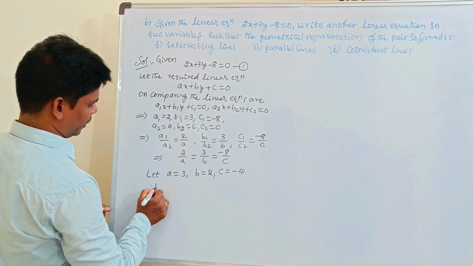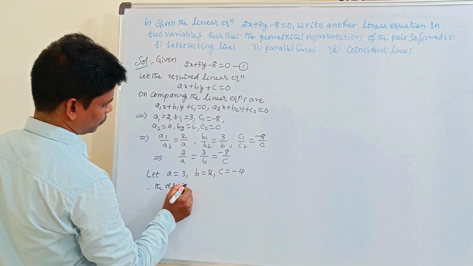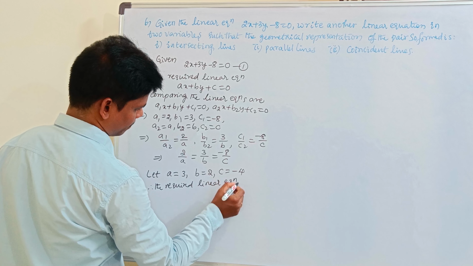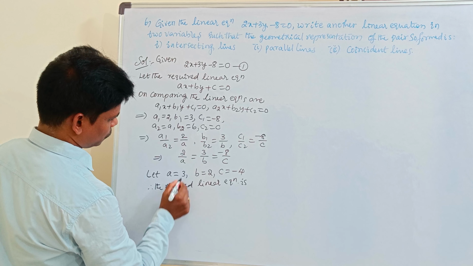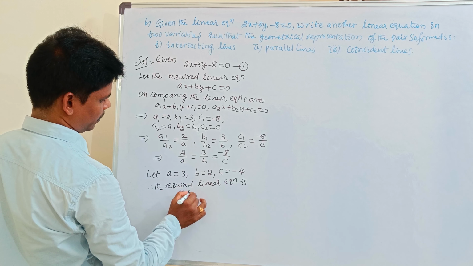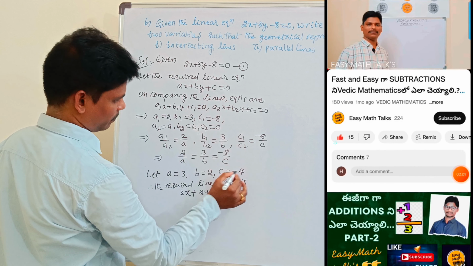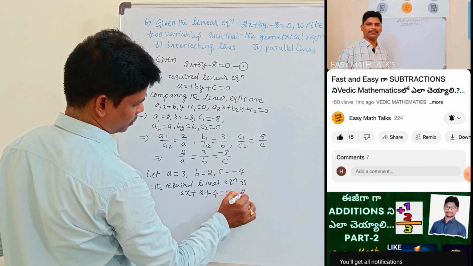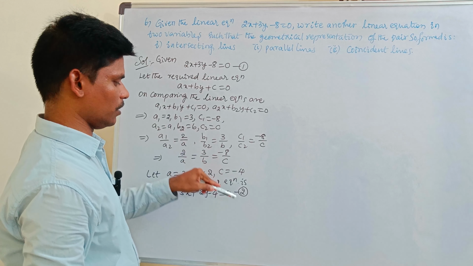Therefore the required linear equation is 3x plus 2y minus 4 is equal to 0. This is equation 2.